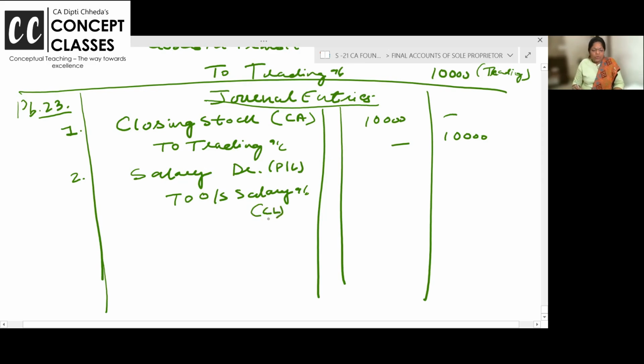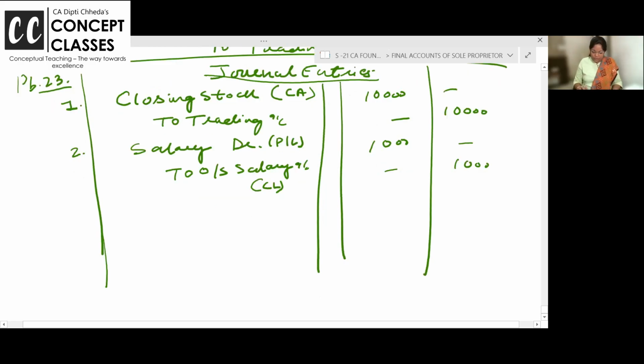Outstanding salary will go to the current liability, so that your mind is clear what action you have to take in the exam. Journal entry dimaag mein pass karna. You don't have to write journal entries in a final accounts problem. Then ma'am, why are we writing now? Practice. Salary ko seedha go and debit in the P&L account, outstanding salary. But give two effects at a time only.